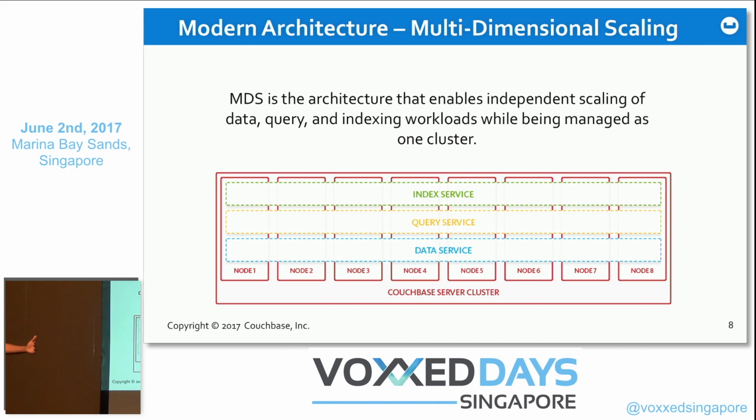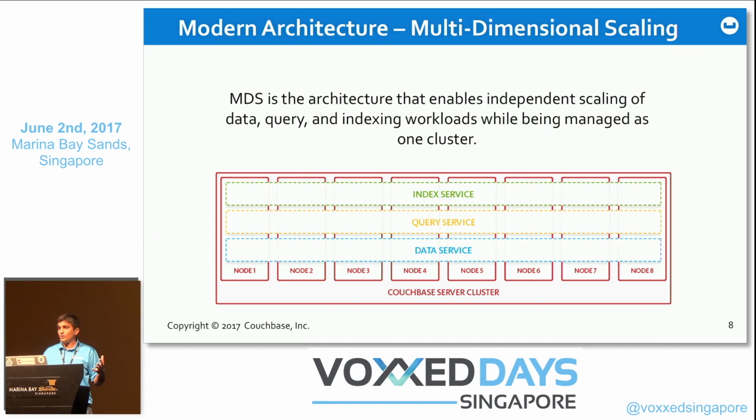But unintentionally, you're even scaling out your index service and your query service. These are the three workloads: index, data, and query. Your whole objective is to scale out your data workload, but unintentionally you're scaling out all three things.